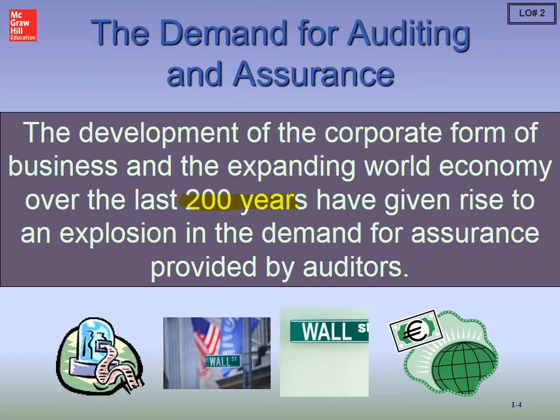Poor Bob Cratchit working long hours, that was a CPA firm. But the real growth in the profession, in my opinion, came from the stock market crash of 1929, and the securities laws of '33 and '34, which added the requirement that the CPA profession come in and provide credibility to the financial reports, because a lot of what was believed to have caused the stock market crash was problems with the reliability of financial reporting.